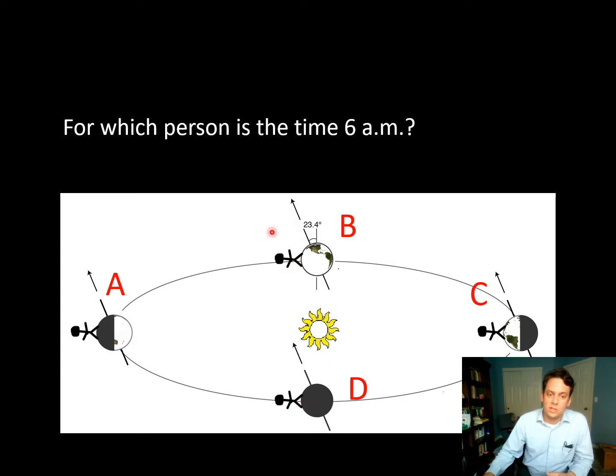So this is essentially sunrise. If you imagine a little bit earlier in the day, he would have been almost behind the Earth here, hidden. So he is just rotating out into a position where he can see the sun. Whereas down in D, this guy is rotating just away from the sun, and so the sun is just starting to disappear. And so B is essentially sunrise, and D is essentially sunset. And so the answer for 6 a.m. will be B.